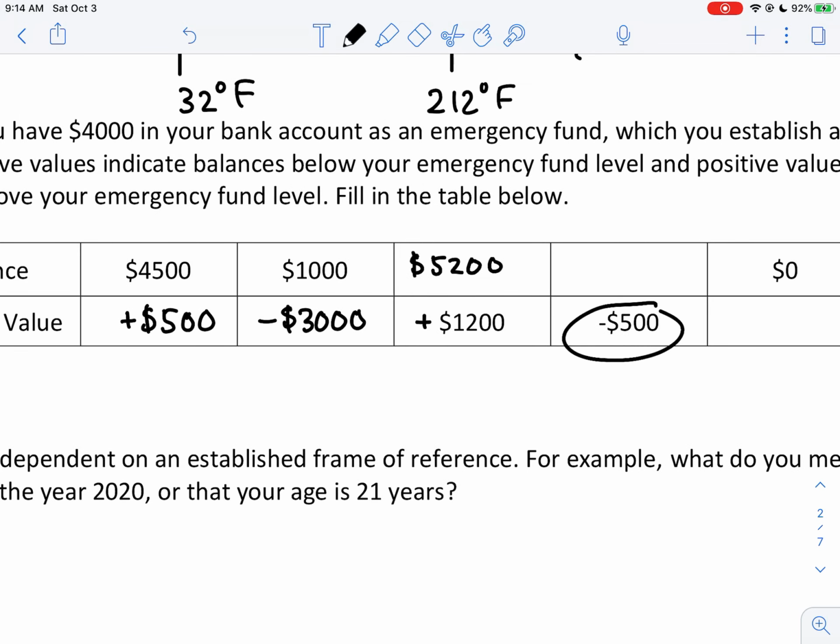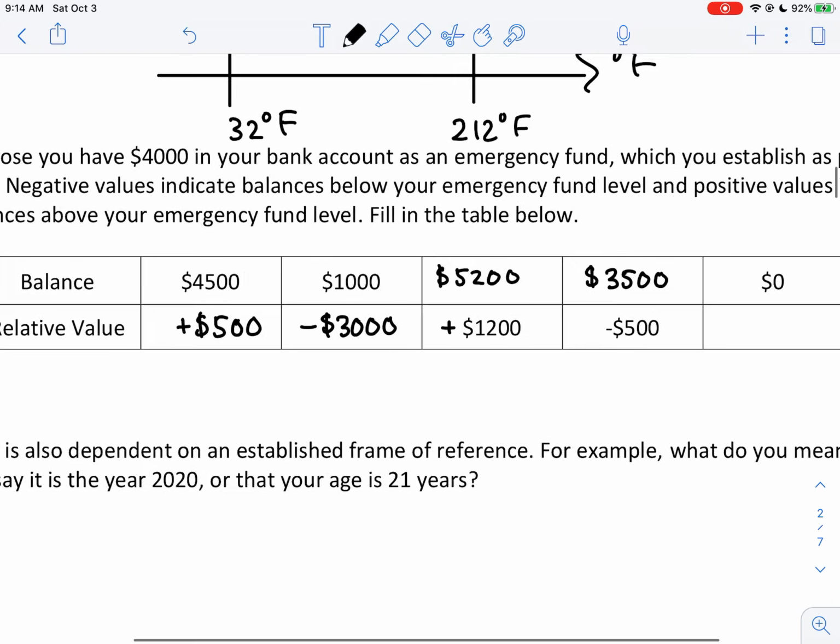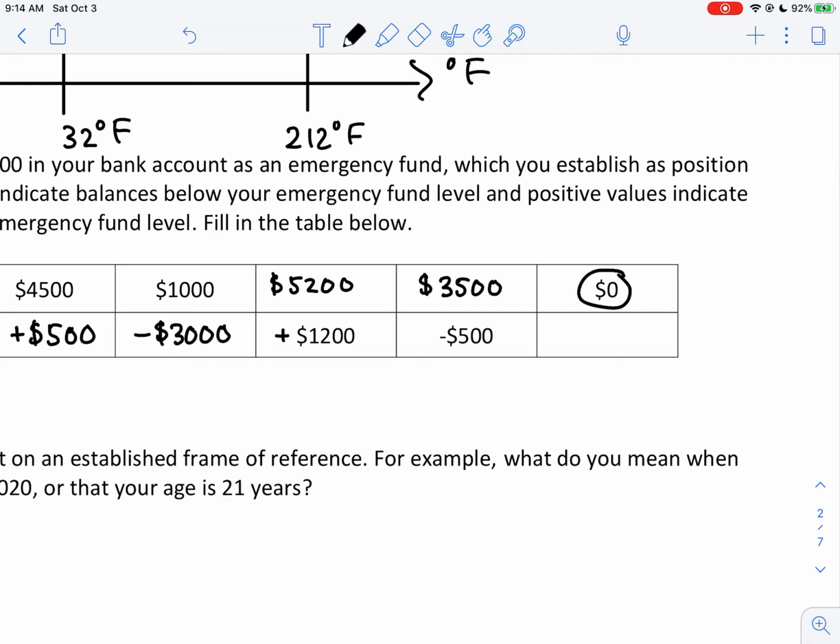If I'm at a negative $500, that means I'm $500 below my emergency fund level. So that means my bank account actually only has $3,500. So I'm $500 below the $4,000 figure. And if my balance ever hits 0, then that tells me I'm $4,000 below what I want it to be.